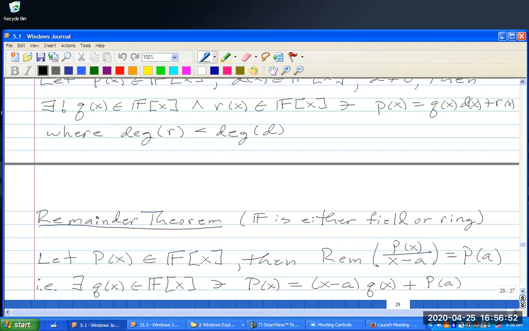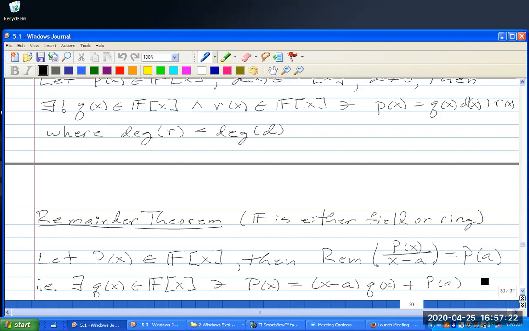And so I have to have that the remainder is constant. But if you plug in x equal a here, to this first term, you'll just get 0. And so P of a must be the constant. And so the remainder of P of x divided by x minus a is indeed P of a.